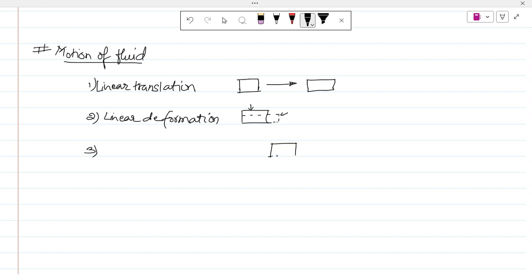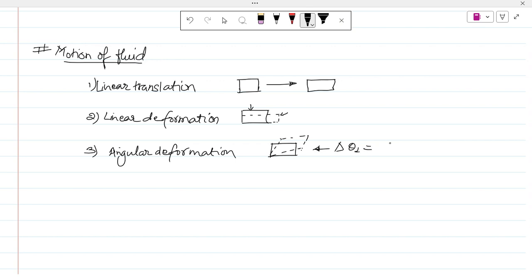Suppose we have a fluid particle and it undergoes angular deformation like this. Here, our del theta 1 is known as angular deformation. In this particular case, we have del theta 1.